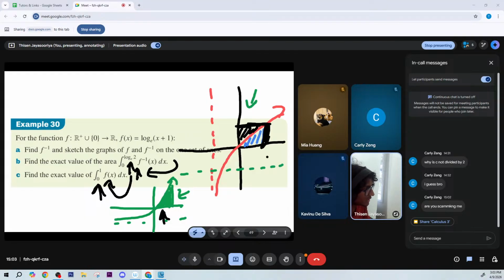This rectangle has a length of 1 and a height of ln of 2. And if I take away this part, the black part, I can then find the blue part.